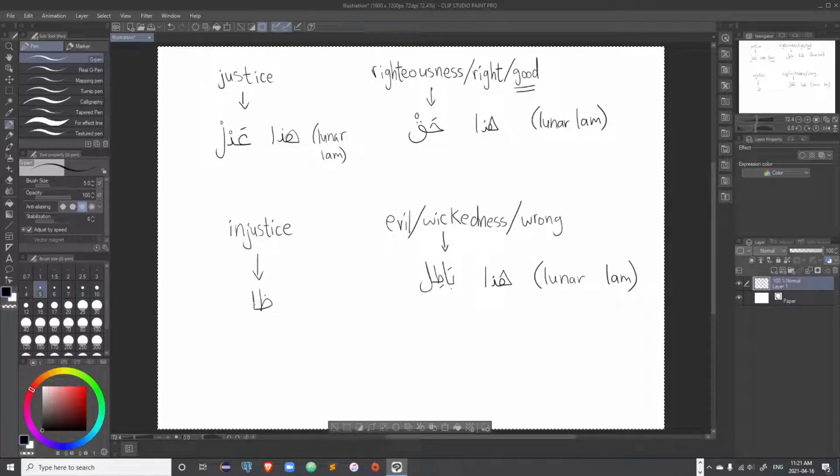And this word is derived from the word darkness in Arabic, which is, so darkness is ظلام.